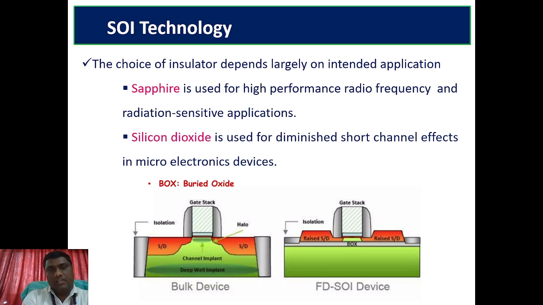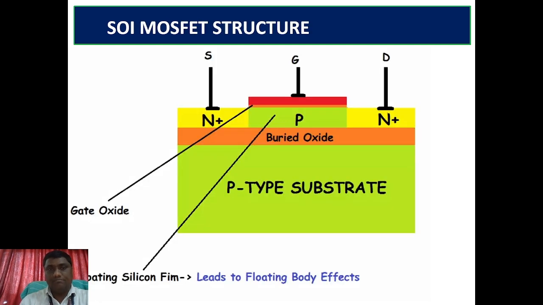Silicon oxide is also highly preferable because it makes it possible to reduce short-channel effects. In most cases, silicon oxide is used for microelectronic devices. So you can see the comparison between the bulk device and a fully depleted SOI device, which has these types of advantages.